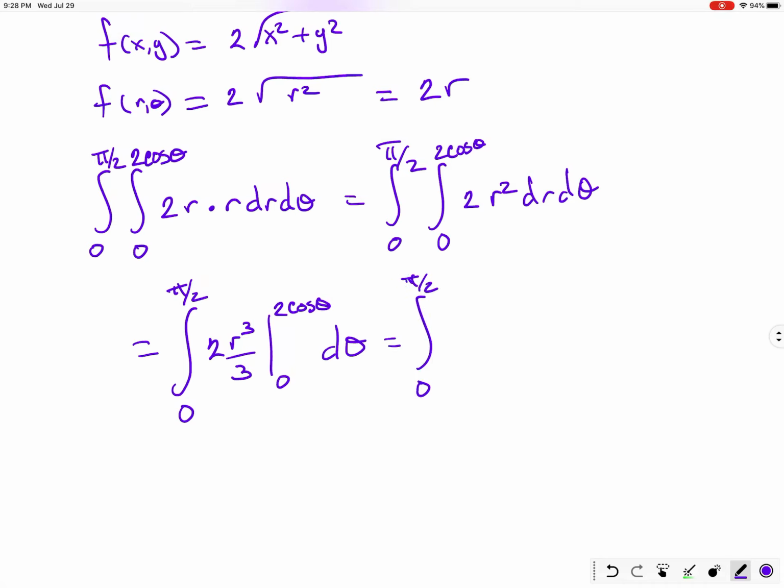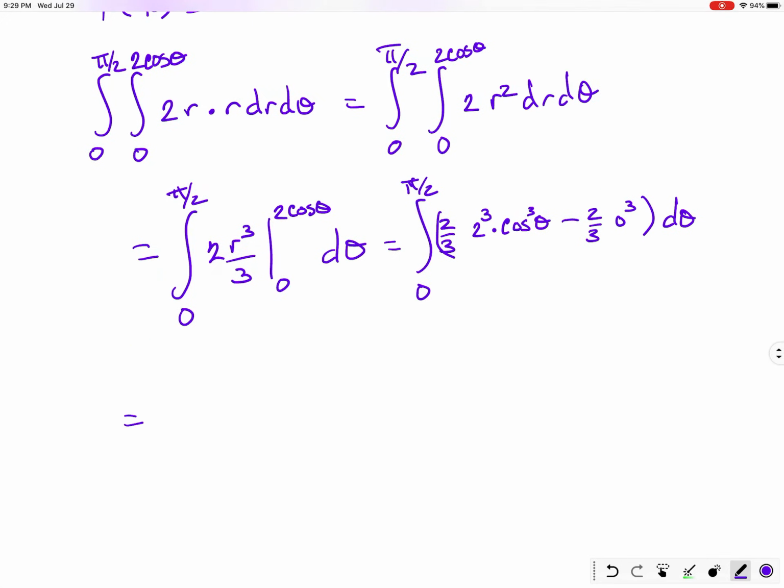And so this is equal to the integral from 0 to pi over 2 of 2/3 times 2 to the third times cosine to the third of theta, minus 2/3 times 0 to the third, and then d theta.